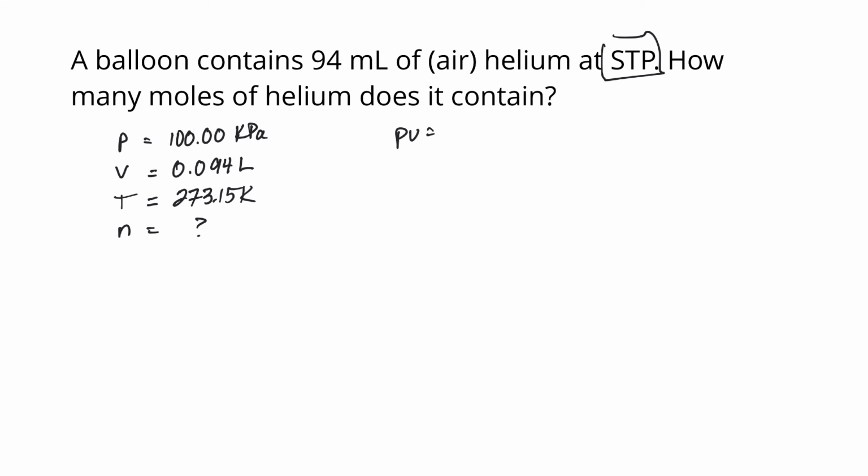So my formula, PV equals nRT, I'm looking for n. So n is going to be equal to PV over RT.